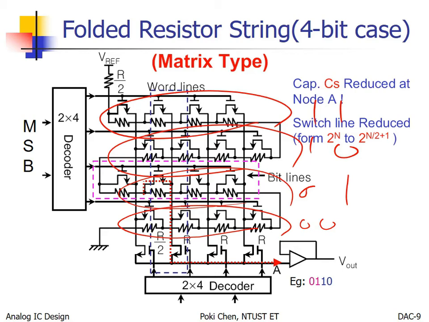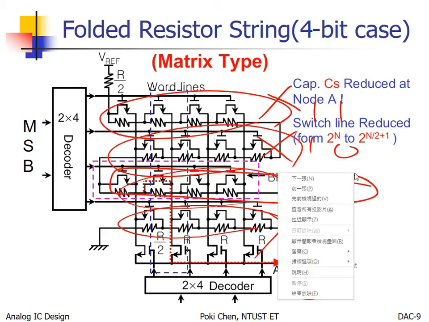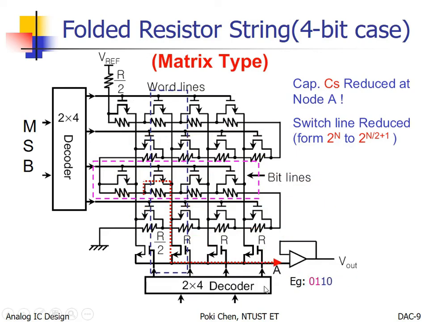For example, if your input MSB bits look like this, 0, 1, right? 0, 1 means not this, not that. It means this row. Okay, so you can see, right now it is 0, 1. So the output is 0, 1, 0, 0. 1 means all the switches here will be turned on simultaneously, right?